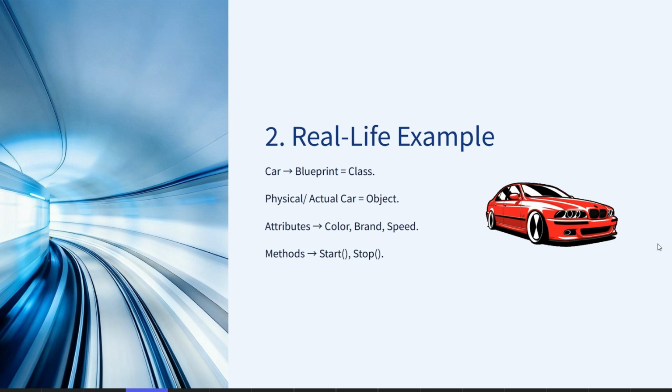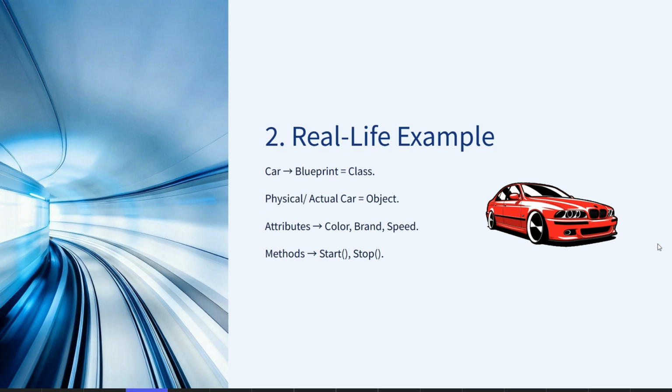Now we will understand this in a technical way. Class: the template or blueprint, doesn't take up memory space for data yet. Object: the actual instance created from the template.